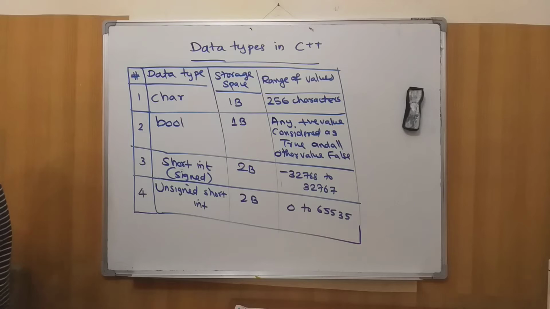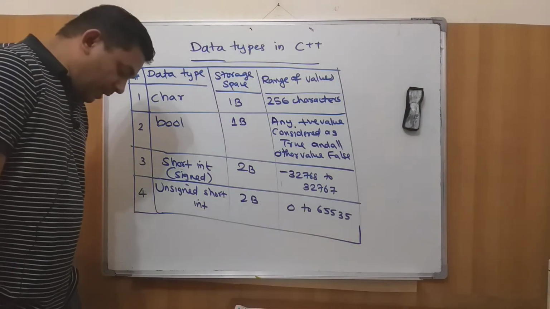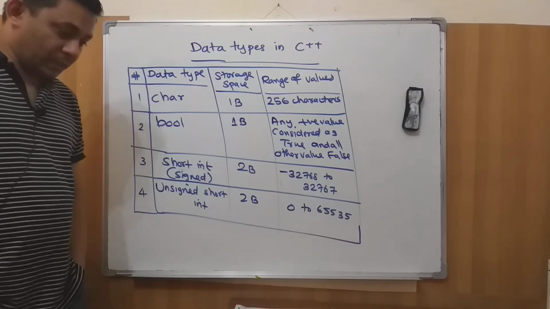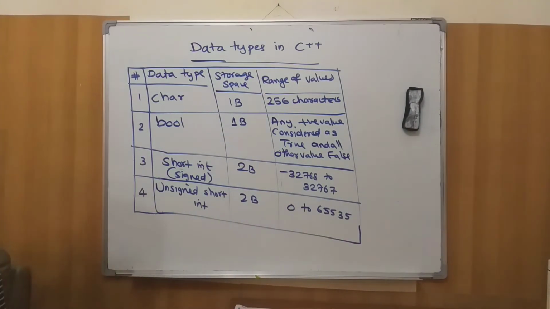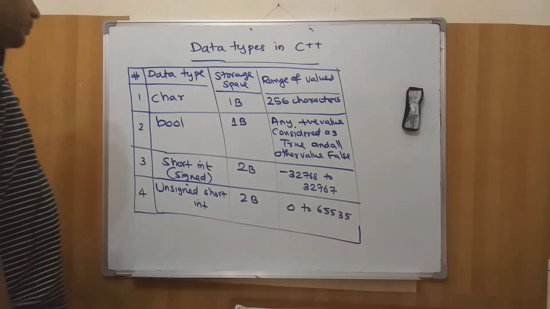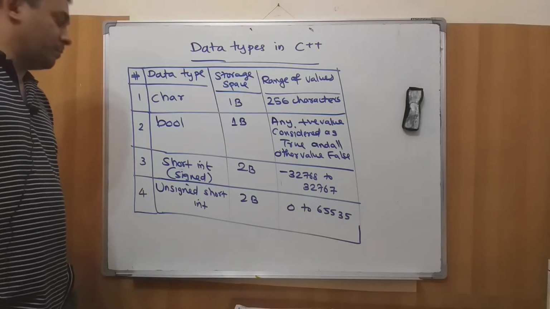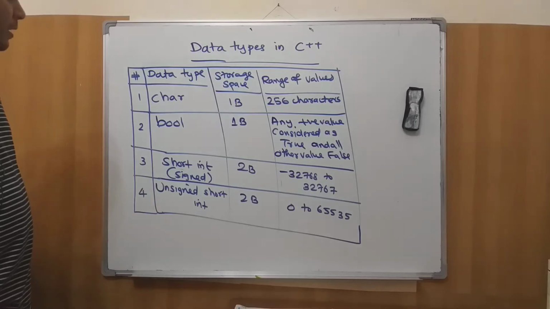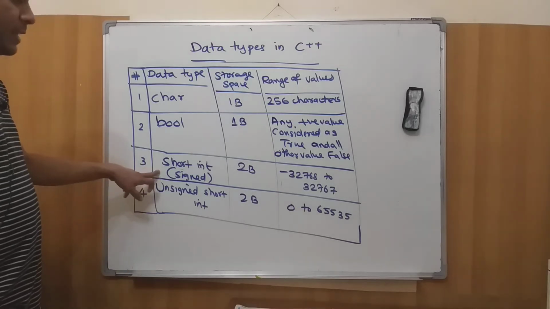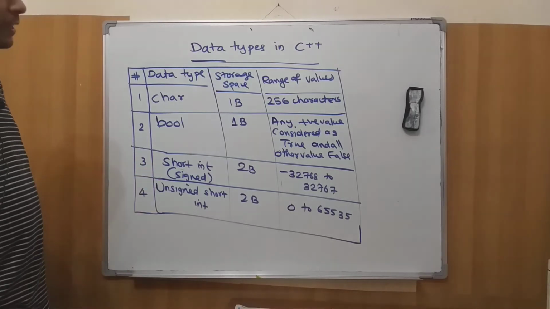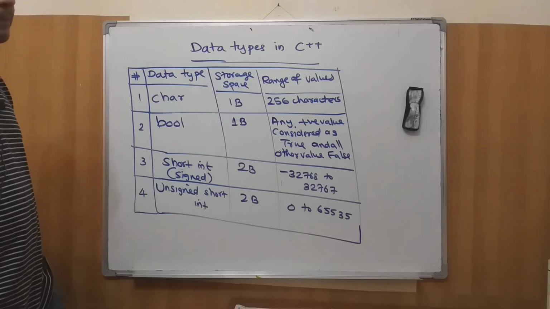The third type is called short int, also called short integer. Integer means a number without a decimal point. Short integer belongs to the signed category, because we can represent positive as well as negative numbers.